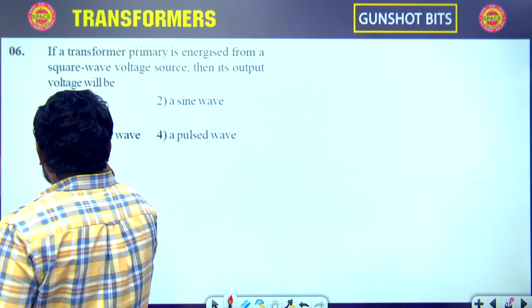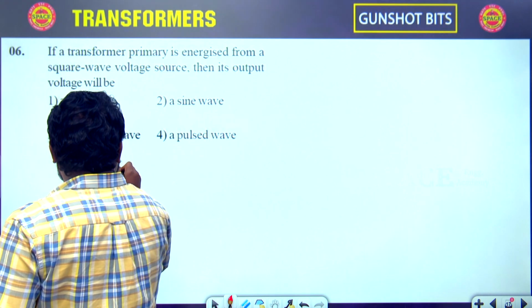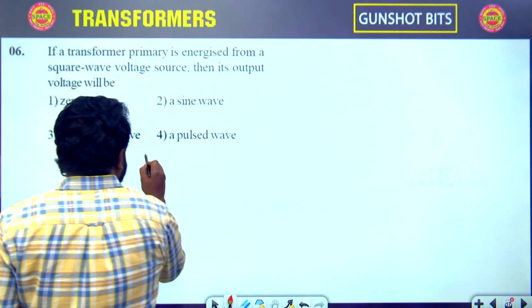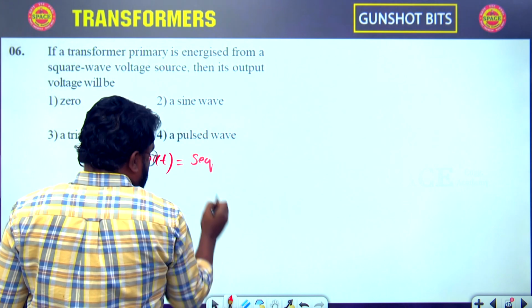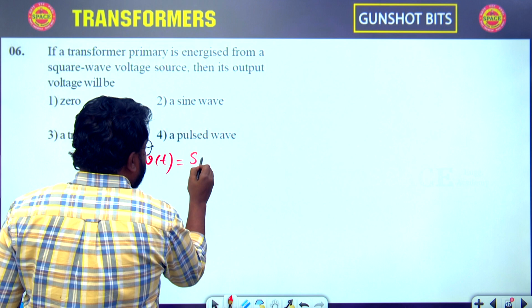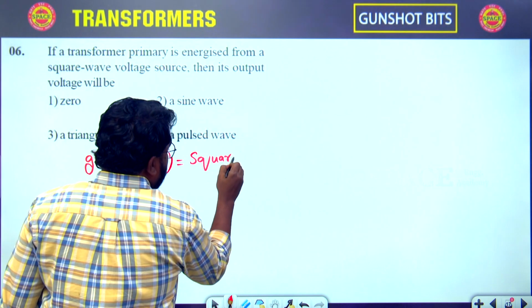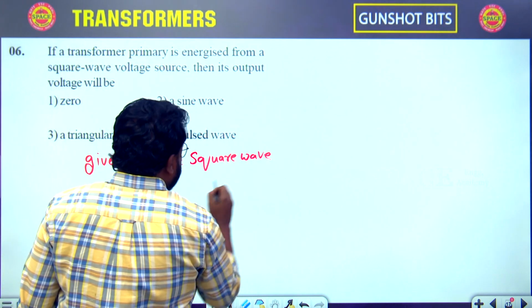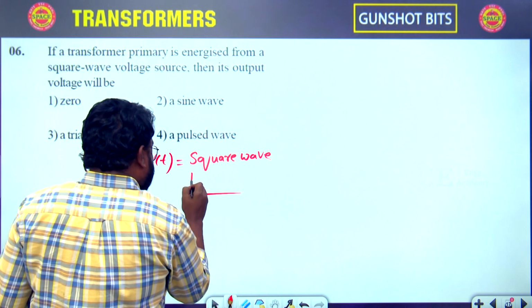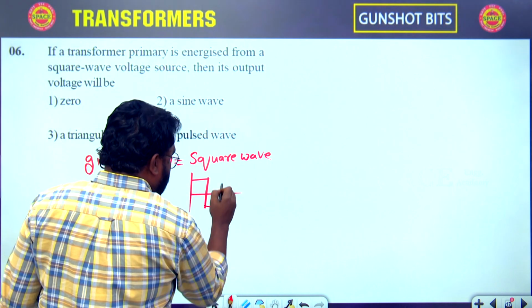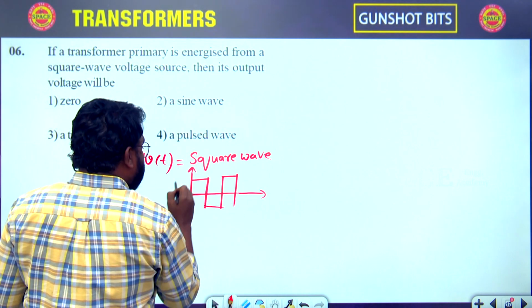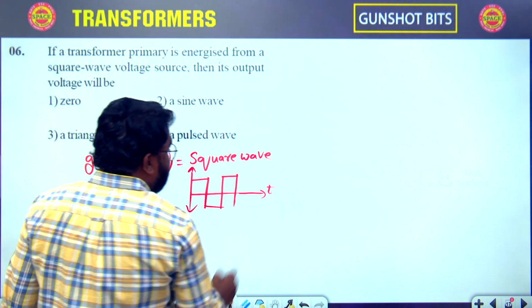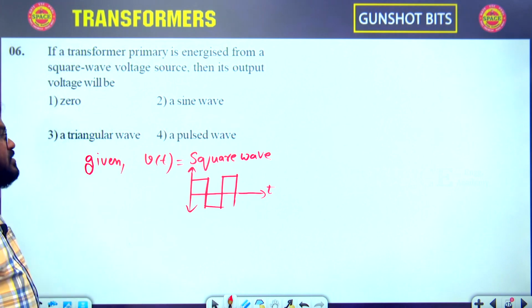Given that the transformer is excited with a square wave voltage source, the applied voltage v(t) is a square wave. Suppose this is the applied voltage: a positive pulse, a negative pulse, a positive pulse, and a negative pulse with respect to time. So v(t) is a square wave.